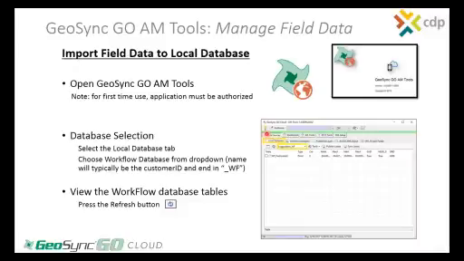So you'll select database or data sources, the local database tab, and then you'll have a drop down here where you may have multiple databases. So we actually want to select the database that we're working with. In this case, it's our CW demo, our main local database.